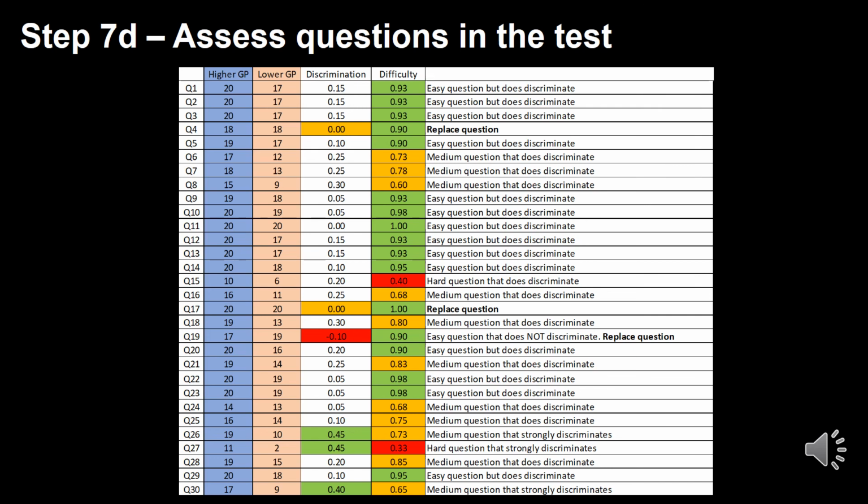And just because that's the result that we found now with this particular cohort, we need to now take those questions, mix them up with other questions, and try them again in other tests. And over time, hopefully you will find that your difficulty and discrimination per question holds up through multiple tests.